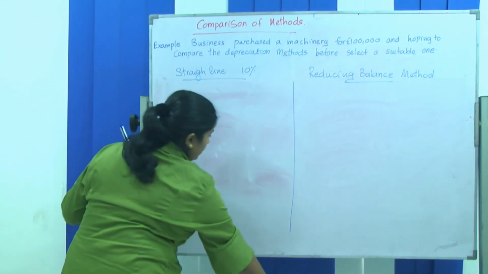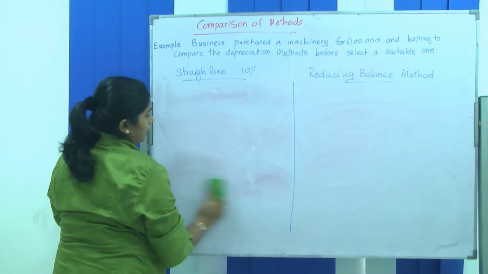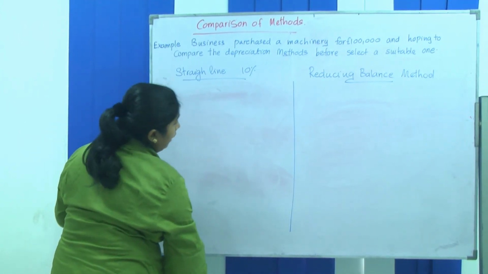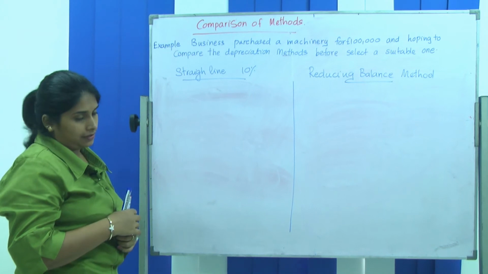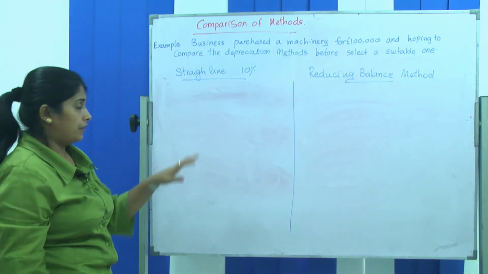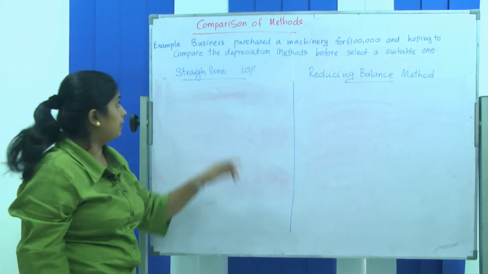To show you the difference between these two methods, I'm going to calculate the depreciation charge for 3 years. Now look at the example.